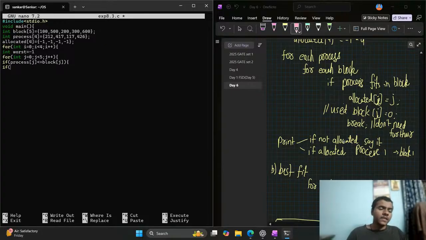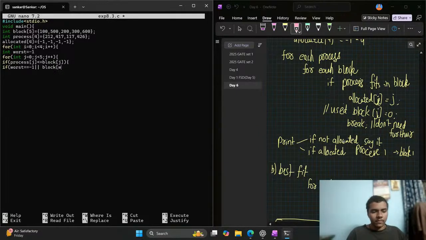And then what will you check? If worst equals -1, you need to write a separate condition because you are accessing the index of worst, and array of -1 does not exist.